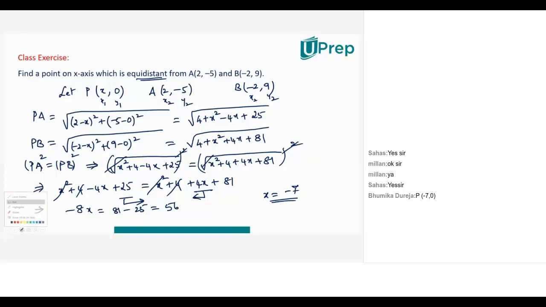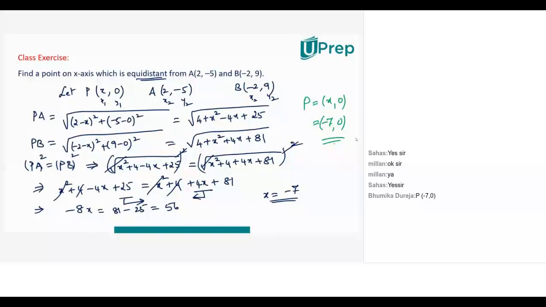Just rearrange the factors. Plus 4x to this side and constant to that side. Minus 4x already there. Another plus 4x coming to this side. It becomes total minus 8x is 81 minus 25. Sorry, that is 56. So how much is x now? 56 by minus 8, that is minus 7.